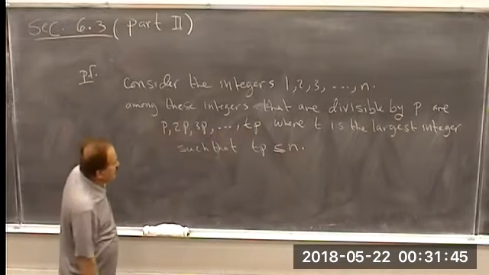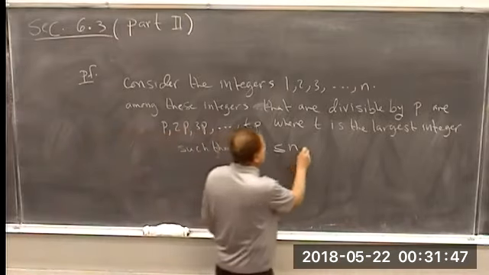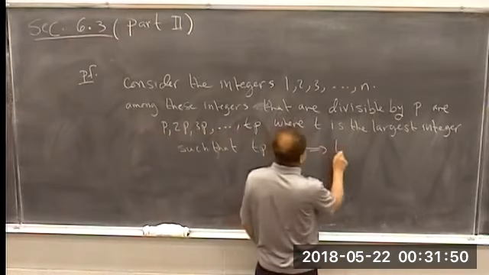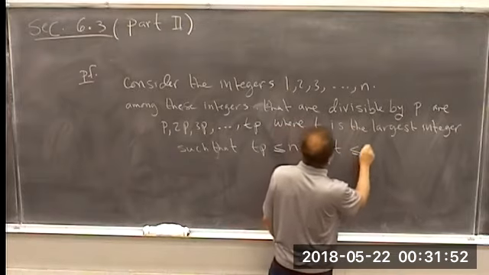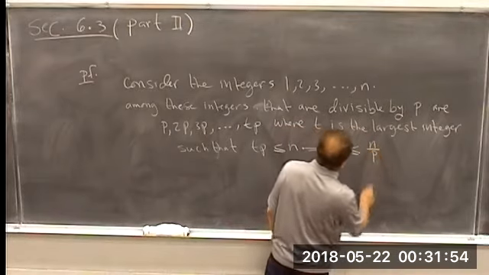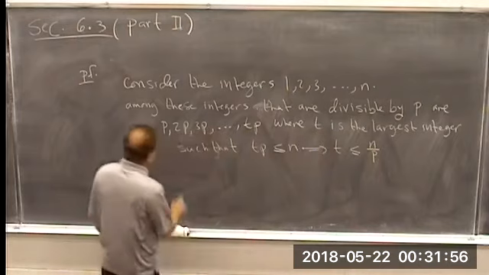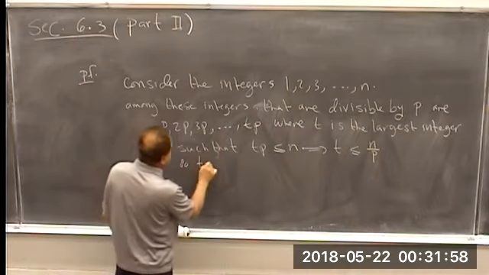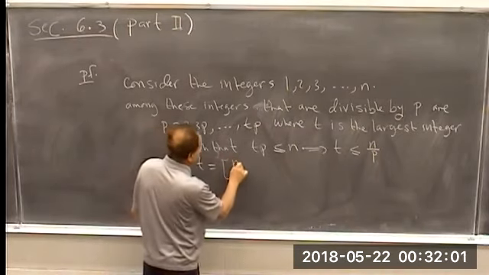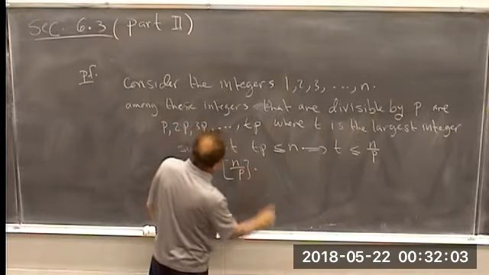This means that t is less than or equal to n over p, and therefore t is the largest integer, the floor of n over p. All right.